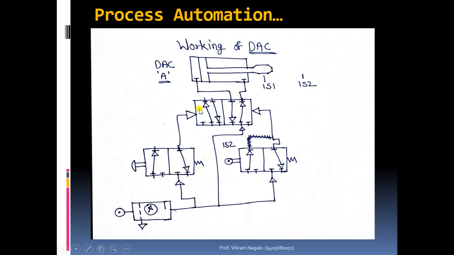Now the question is how to control this left side and the right hand side. In order to control that, we will be using this 3x2 valve with push button and this 3x2 valve with roller lever. Now this together will be called a limit switch.